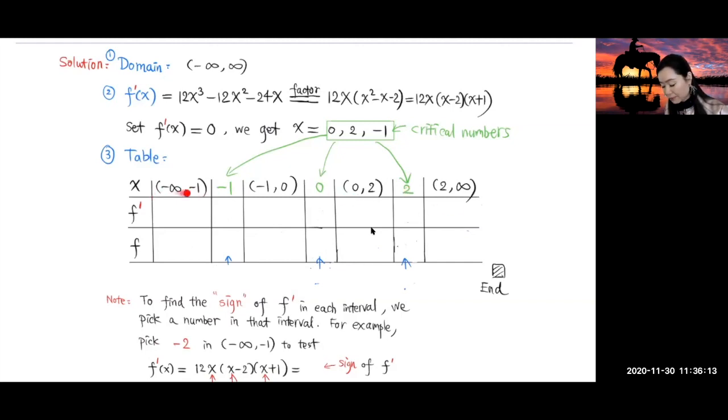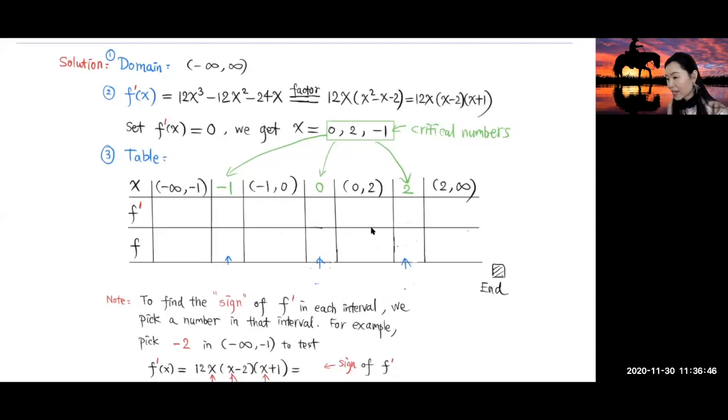The domain is from -infinity to infinity, so over here will be from -infinity to -1, open parenthesis, and then in between will be parenthesis -1, comma 0, and this one here will be parenthesis 0, comma 2, and over here will be parenthesis 2, comma infinity. So you separate the whole domain by these 3 critical numbers here.